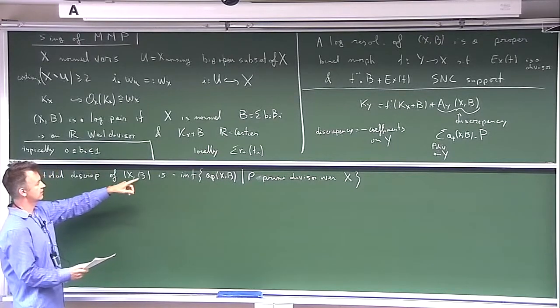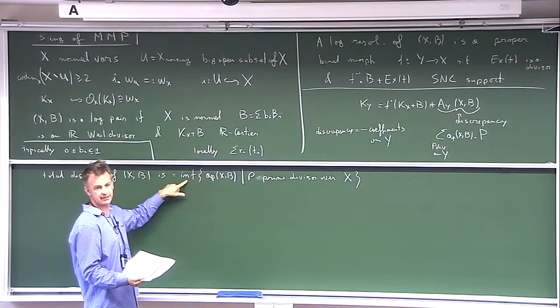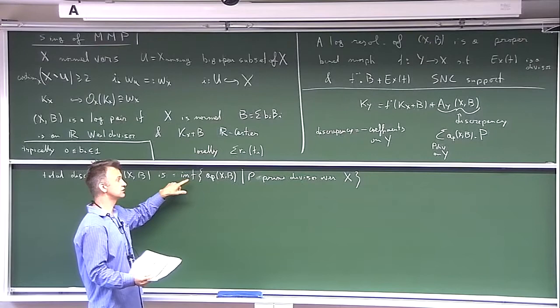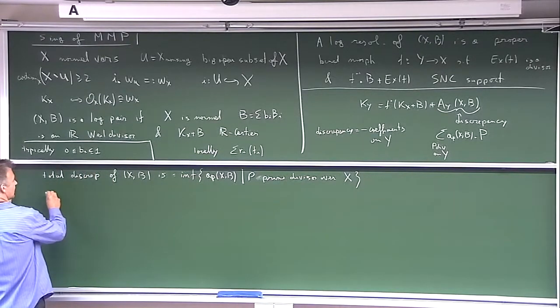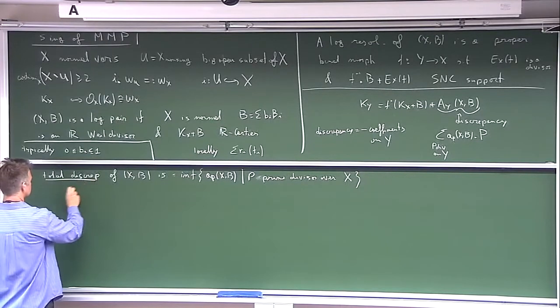So there are infinitely many possible divisors that may play a role. And in fact, sometimes this really is the infimum. We'll see this example in a second. And this is the total discrepancy.